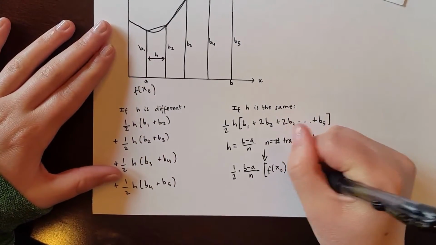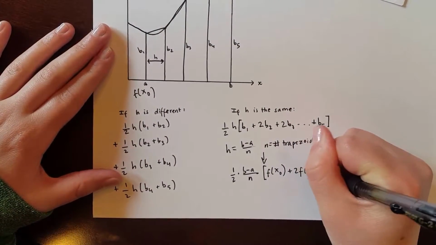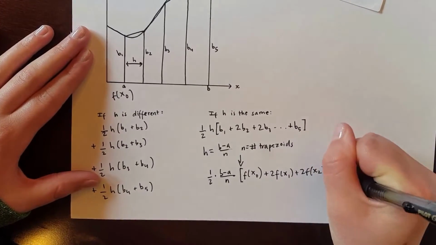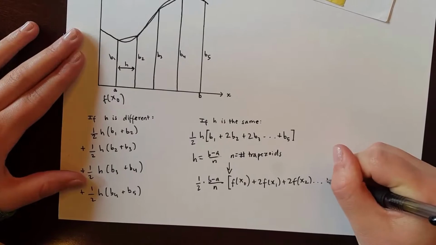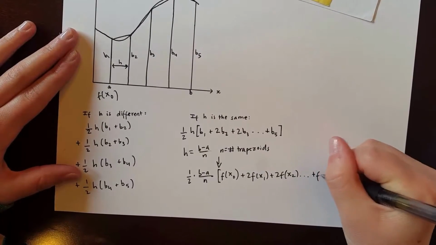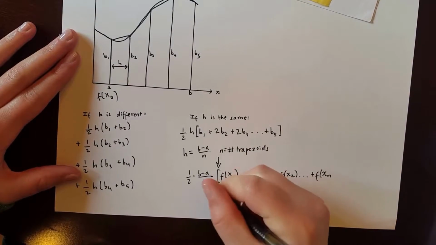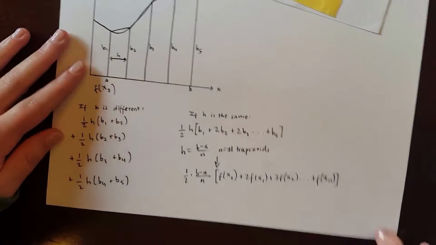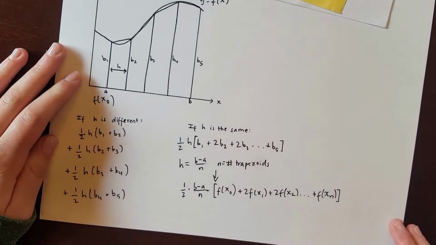So f of x0 plus 2 f of x1 plus 2 f of x2, etc., until you get to your final f of xn, back to the n from the height. And that's your trapezoidal rule formula.